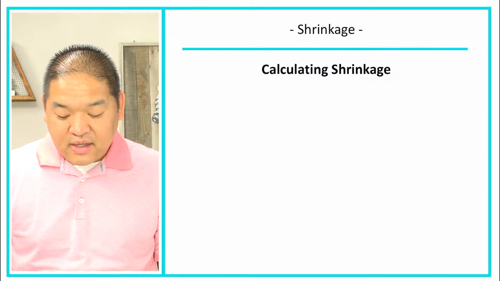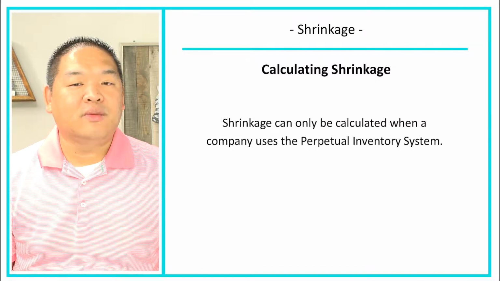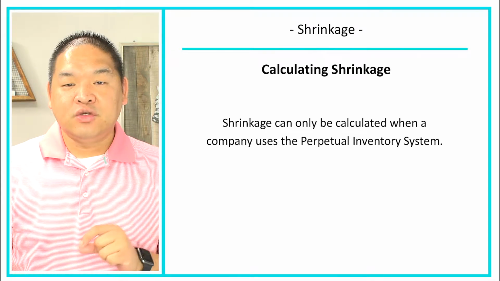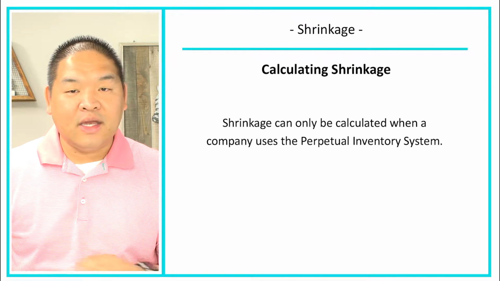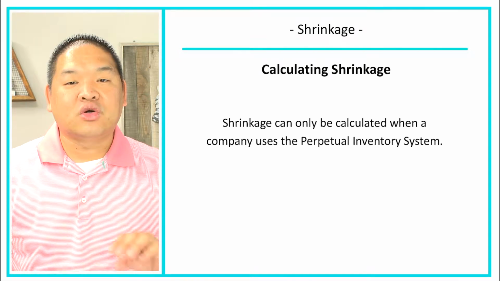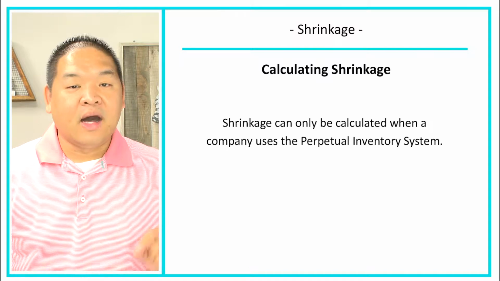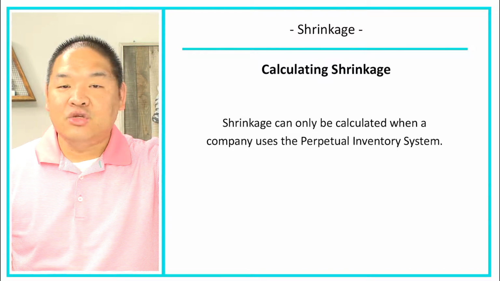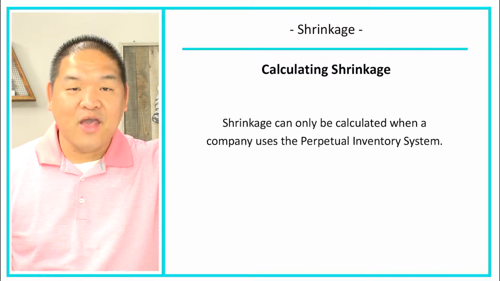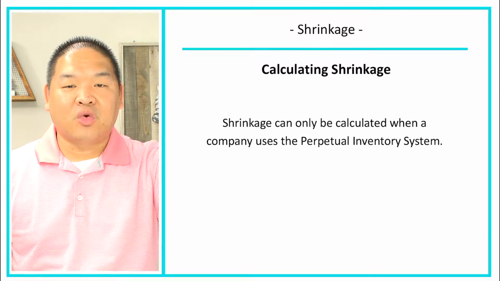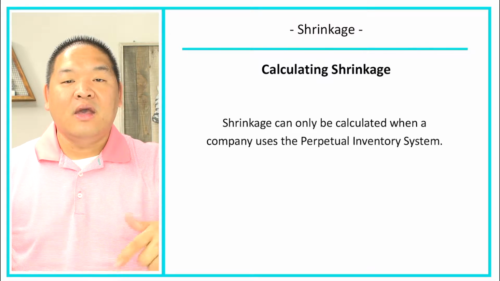Now, calculating shrinkage: shrinkage can only be calculated when we use the perpetual inventory system. So if you use the periodic inventory system, you cannot calculate shrinkage. There is no practical way of doing it other than if you actually saw someone steal it and didn't do anything about it, or you actually keep track of damaging the inventory item and then throwing it away.